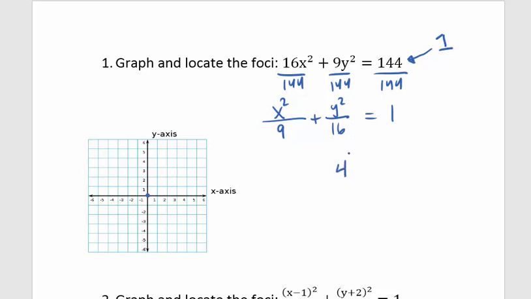So I'd come over here with my y values, and this is going to get stretched 4 units up and 4 units down. So 1, 2, 3, 4. 4 up and 4 down. 1, 2, 3, 4. Okay, let's look at the stretch in the x direction. If this value is 9, the square root of that would be 3. So that's the stretch that's going to happen there. So 1, 2, 3.